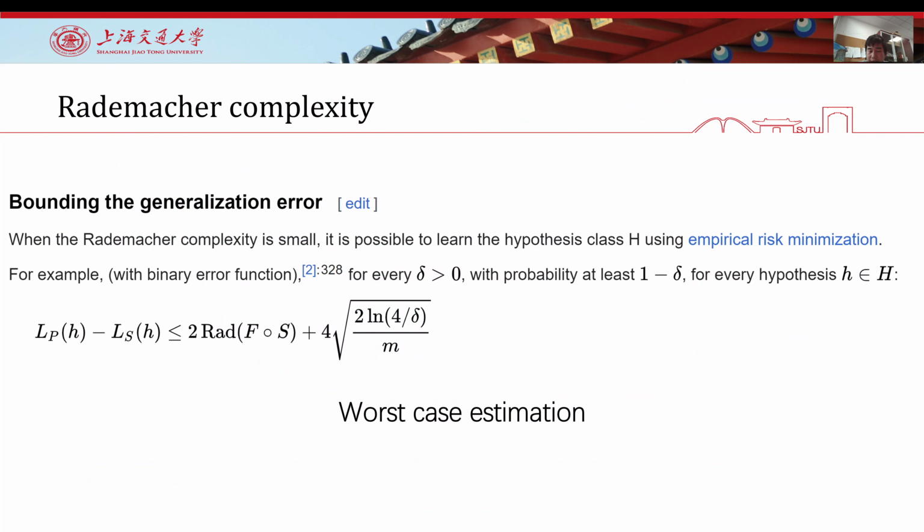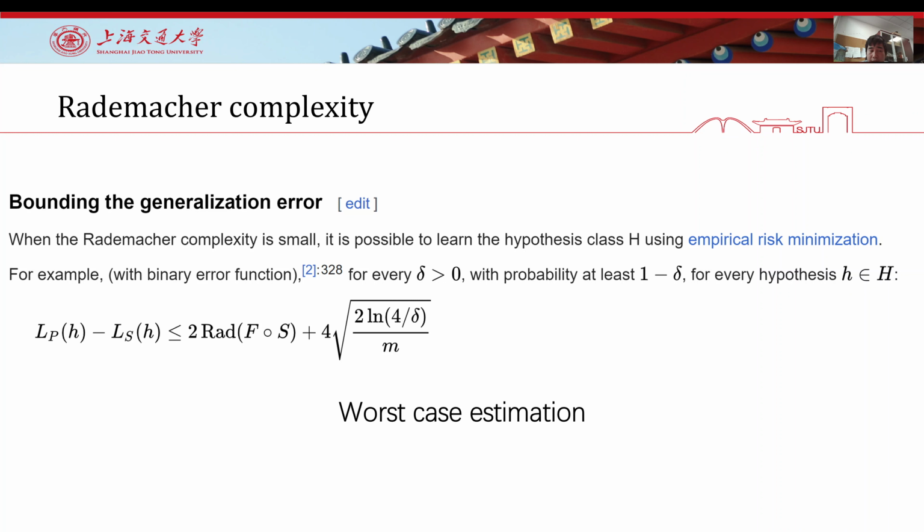So in previous or traditional studies, we usually use complexity to study the generalization error, such as Rademacher complexity. This Rademacher complexity can be used to bound the difference between training loss and generalization loss. So if you have a model with very small complexity that can also fit the data, then the difference is very small.